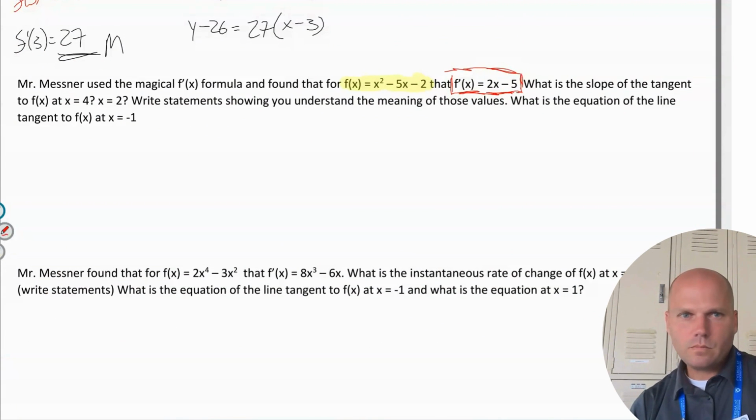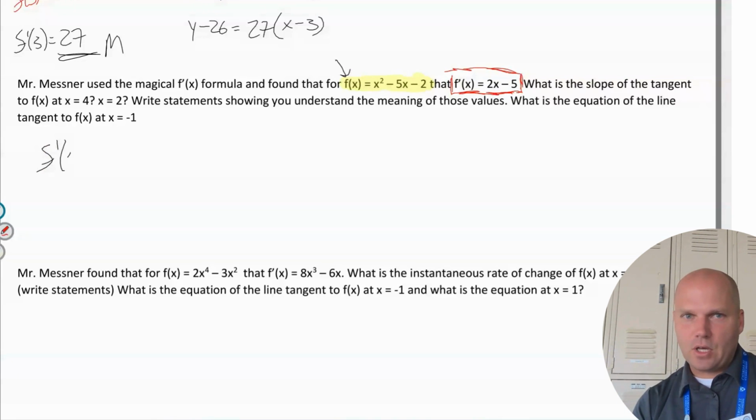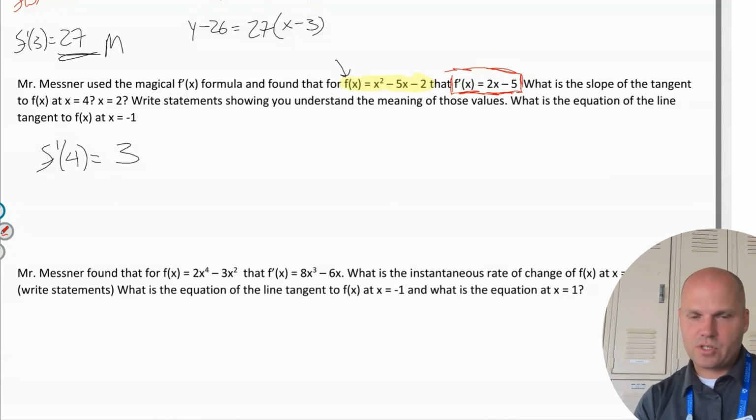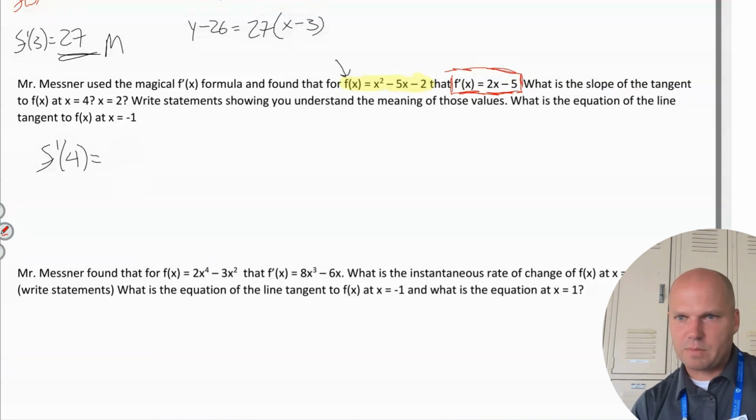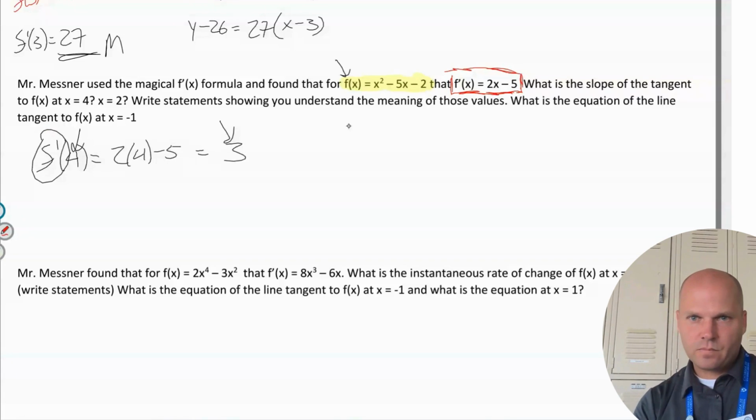So, what is the slope of the tangent to f at x equals 4 and x equals 2? Well, I have the slope equation, where if I plug in x's, I get m's. Again, I plug it into 2x minus 5. So I have 2 times 4 minus 5. 2 times 4 minus 5 is 3. So this is translated as the slope of f at 4 is 3.